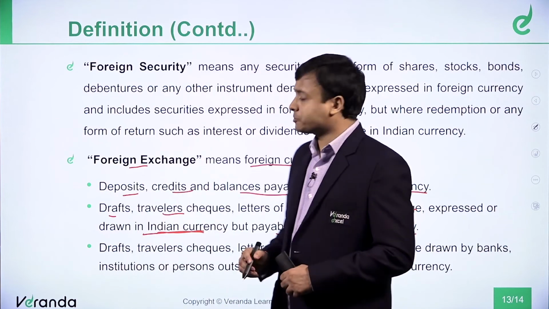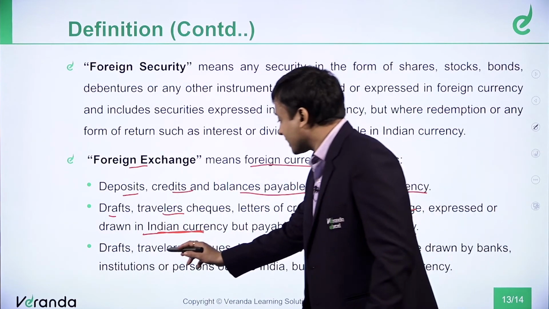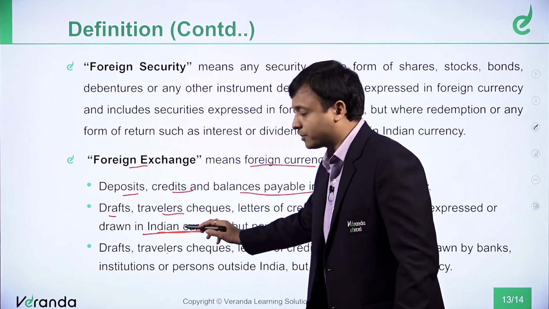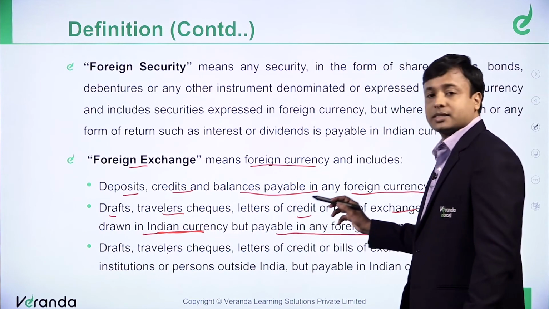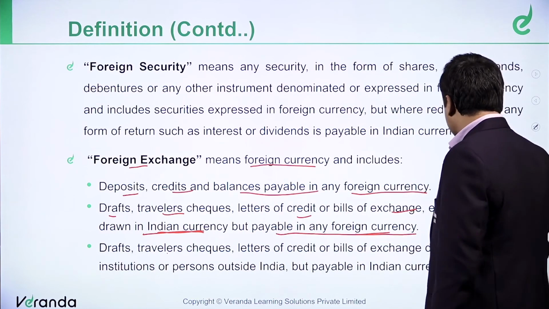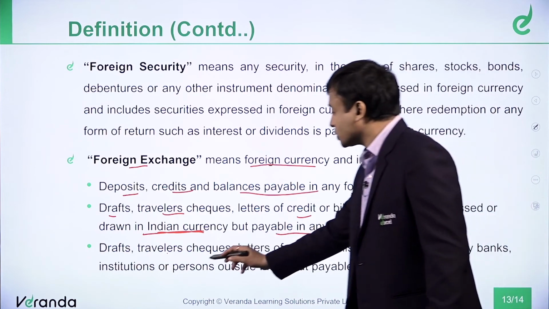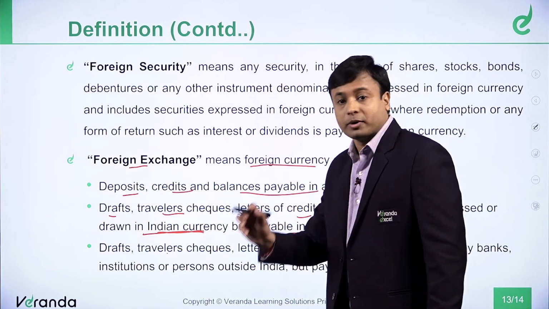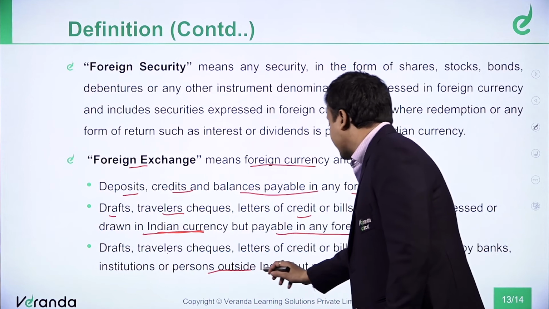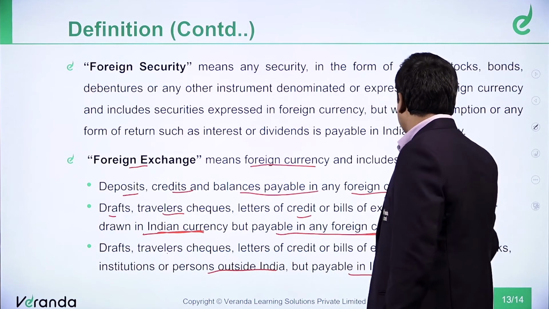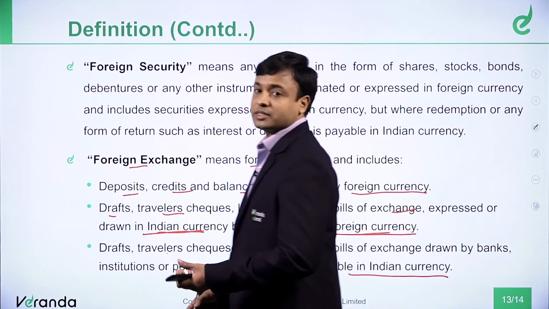Now, what is the next part? Drafts, travelers checks, letters of credit, bills of exchange drawn by banks, institutions, or persons resident outside India but payable in Indian currency. What is the difference here?